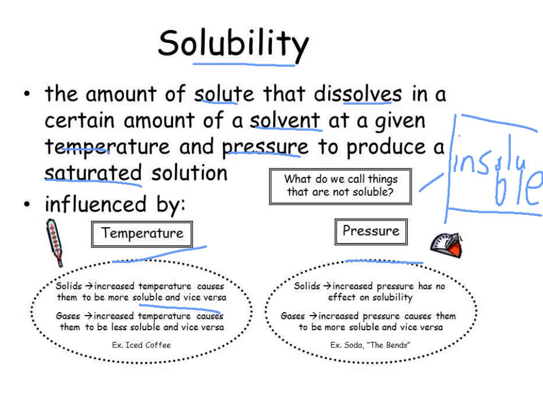Or any material which is soluble in a solution can easily be dissolved when temperature is increased. Another type of thing which is also influenced in terms of its solubility are the gases. For gases, increased temperature causes them to be less soluble and vice versa. What about for the case of pressure?